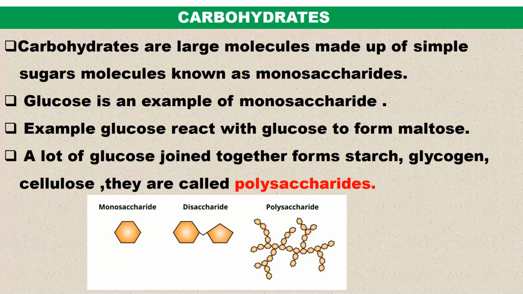Carbohydrates are large molecules made up of simple sugars, otherwise known as monosaccharides. Monosaccharides simply means sugars. Sometimes you do not find the word monosaccharides, but you find sugars or glucose.